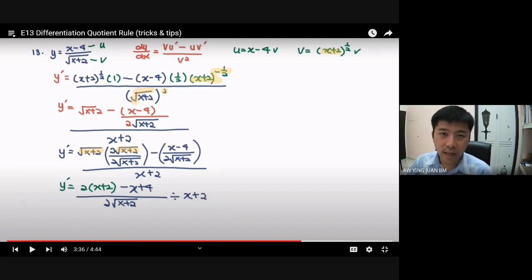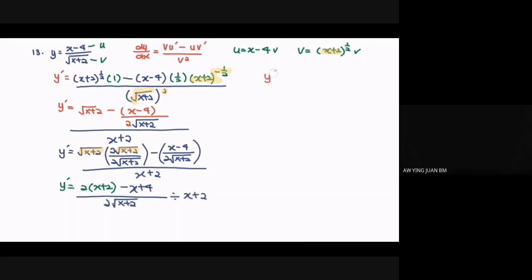We will obtain y prime will be equals to 2x plus 4 minus x plus 4 over x plus 2 square root multiply with 2 in here. Divide, we need to convert to multiply, so we have to flip the situation. So in here we will have x plus 2.